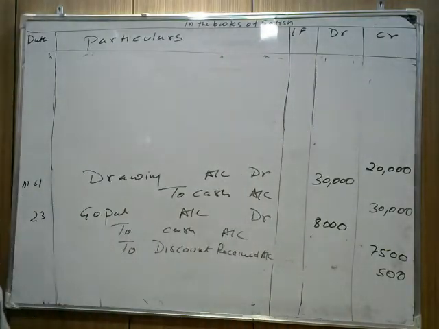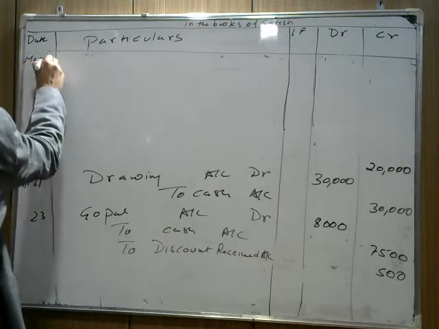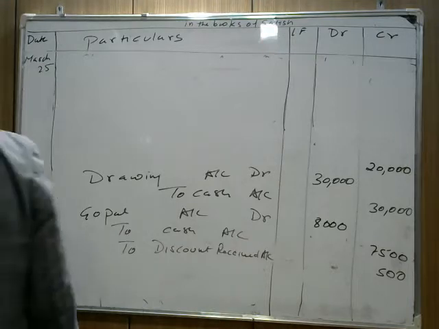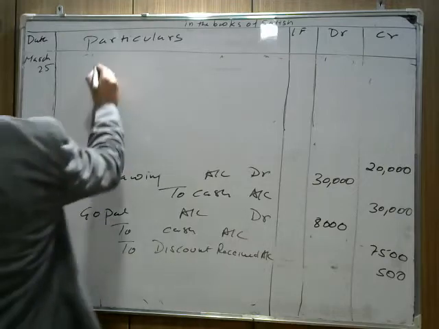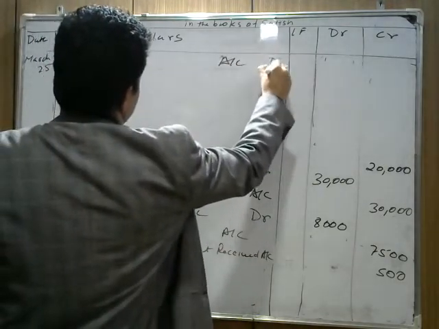Here is on March 25th. They say sold goods in cash to Subbir. You sold goods to Subbir on cash. So we write simple thing, cash account debit to sales account. Because we sold goods to Subbir on cash.